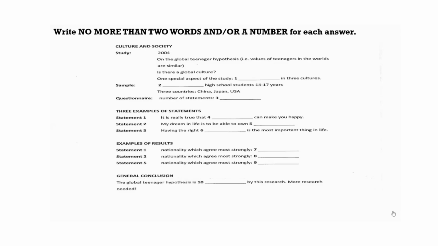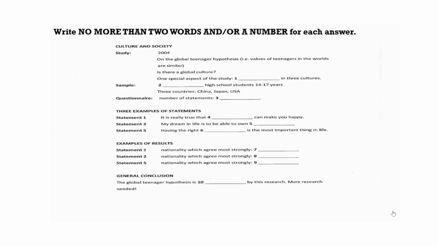However, regarding one's life dream being to own expensive things, it was American teenagers who agreed most strongly with this, and the Chinese who agreed least. As regards the fifth statement about owning the right things, the Americans agreed less strongly than the other two groups. It was the Chinese who agreed most strongly with this statement.